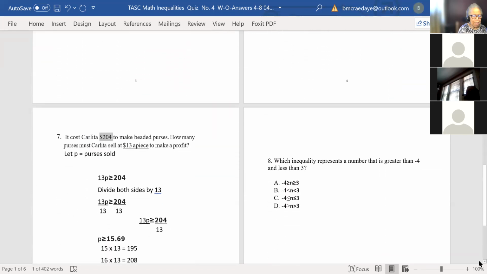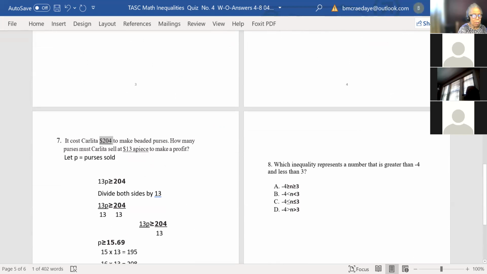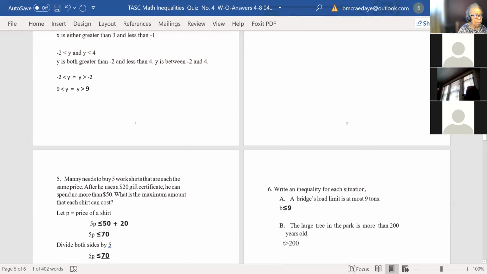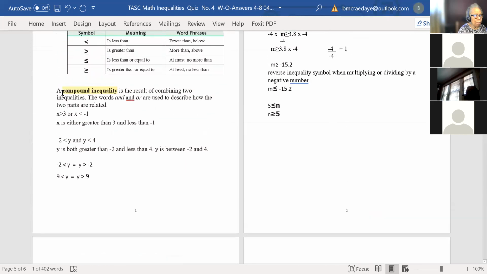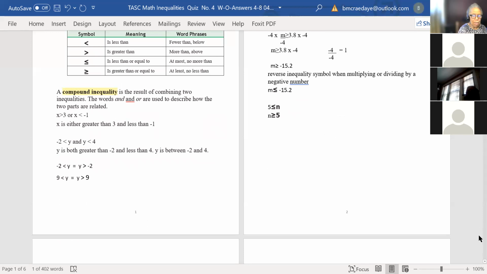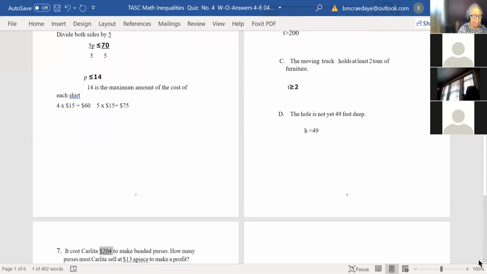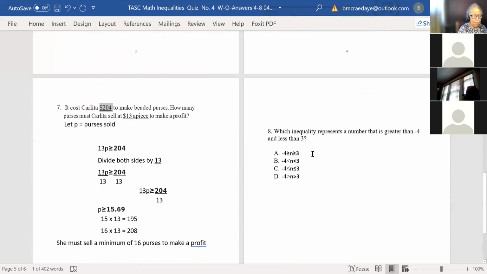Number 8 is, well, remember we had at the beginning what we call a compound inequality, where you can have an and, or an or. And this was an and. In other words, n minus 4 is less than or equal to n, and well, here it's a number that is greater than -4 and less than 3.